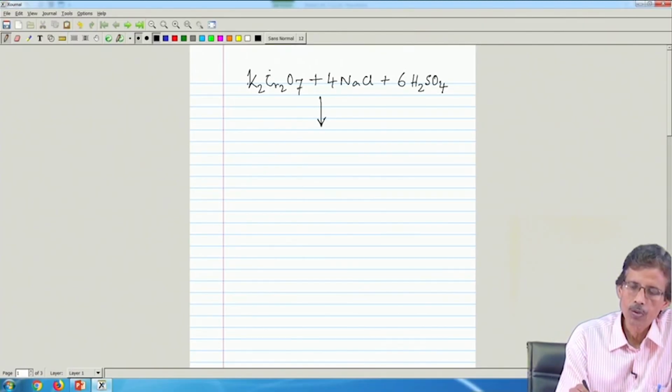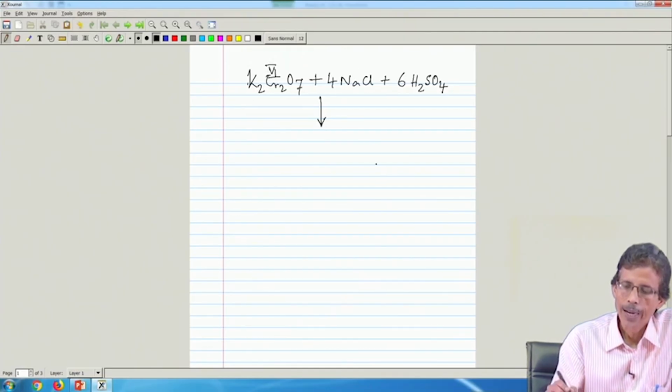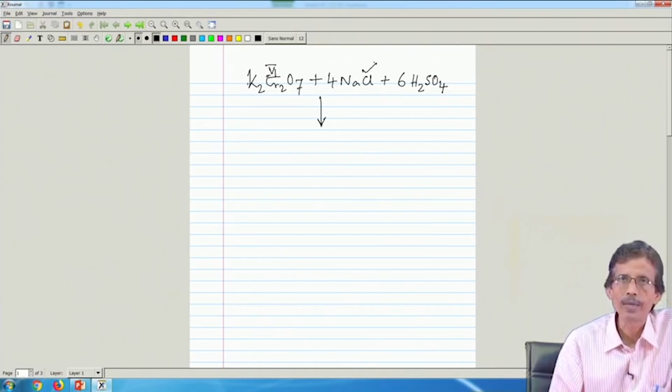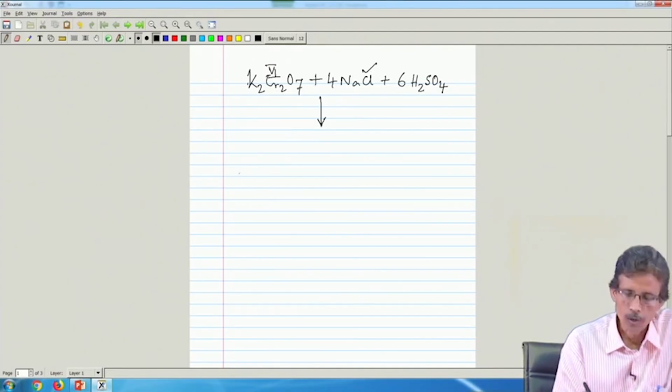This is also hexavalent chromium, and you have the availability of the chloride, because we are talking about the formation of Cr double bonded O, Cl, Cl.